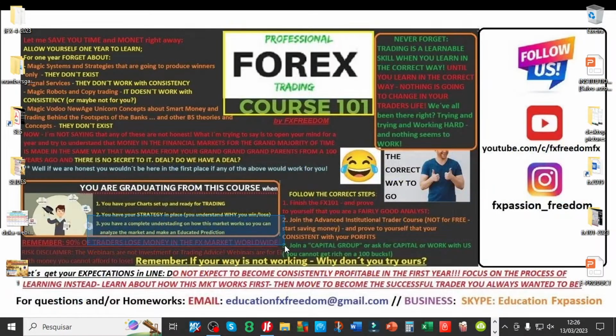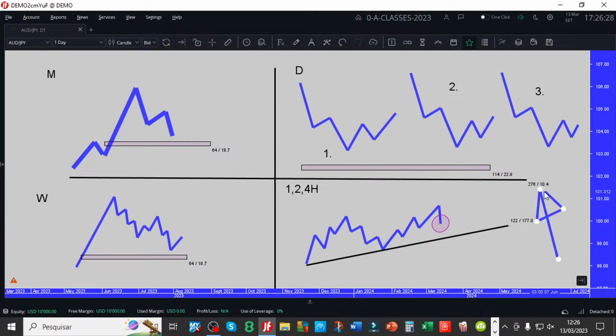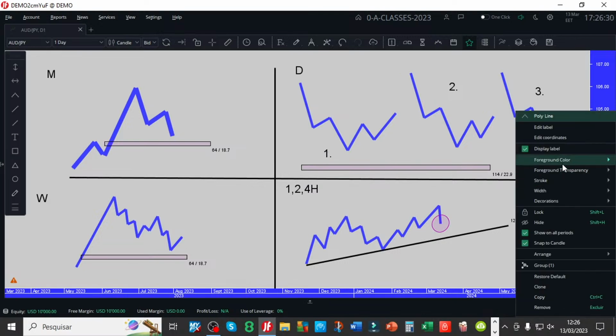You have a complete understanding of how this market works, so you can analyze the market and make an educated prediction. Trying to be a good analyst first. You are seeing something like this on the daily chart.